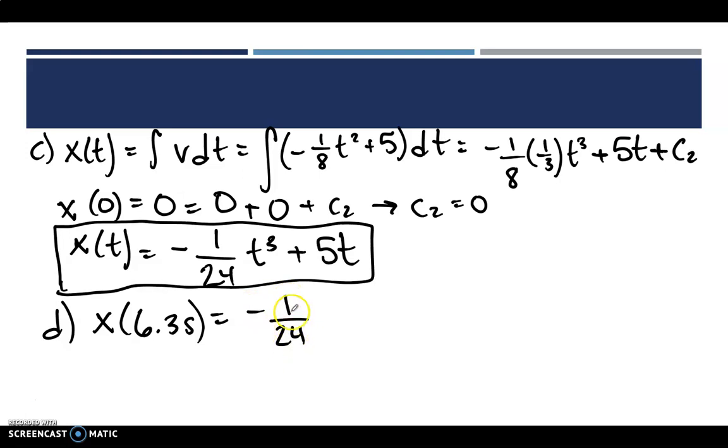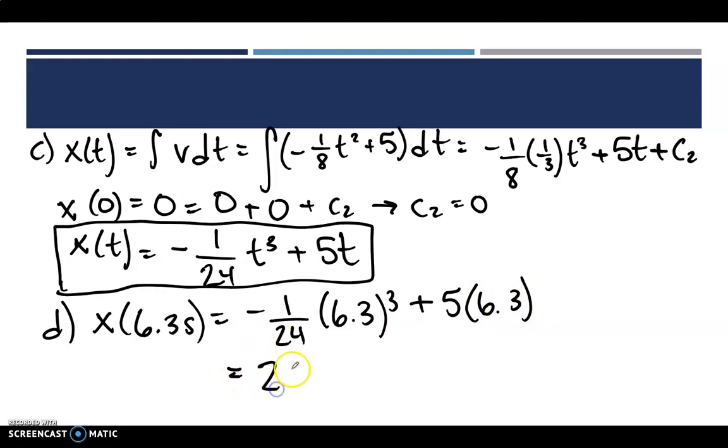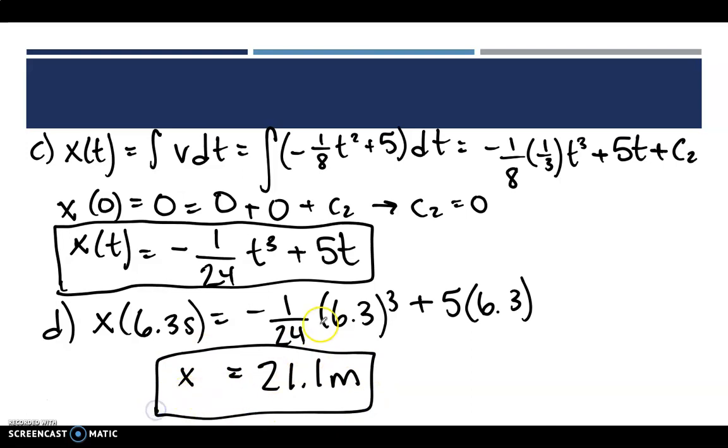So negative 1/24 times 6.3 cubed plus 5 times 6.3. And then our position, after we plug that into our calculator, is 21.1 meters. So this is our final displacement.